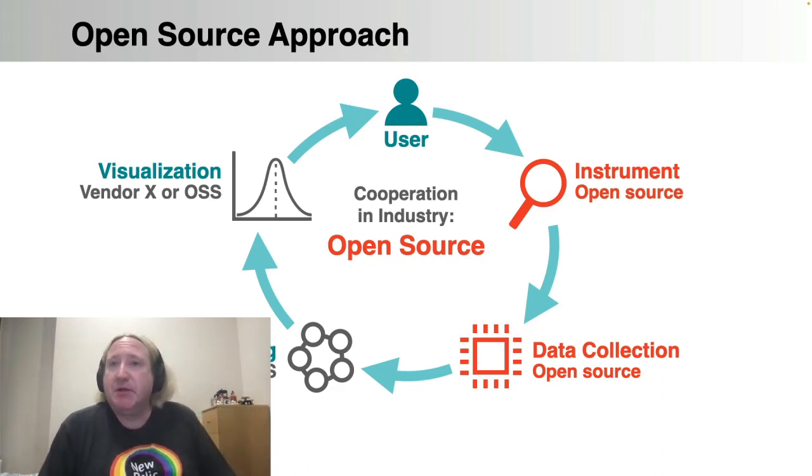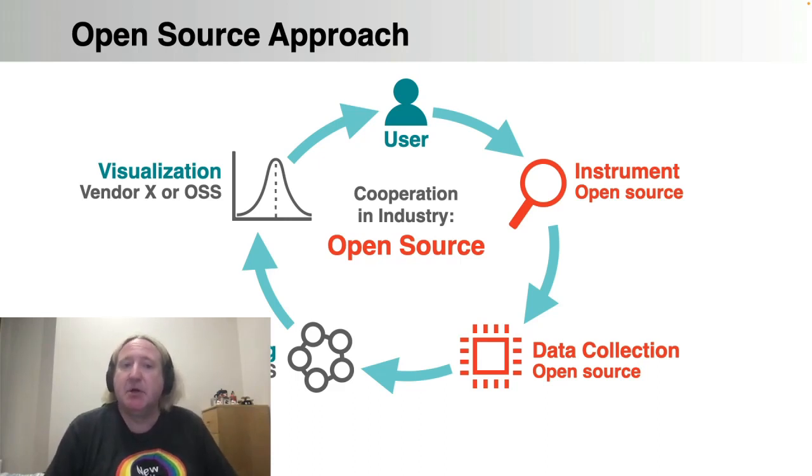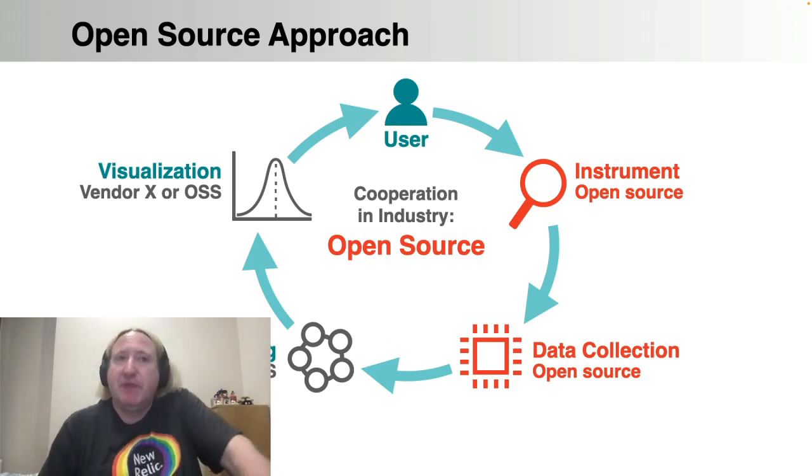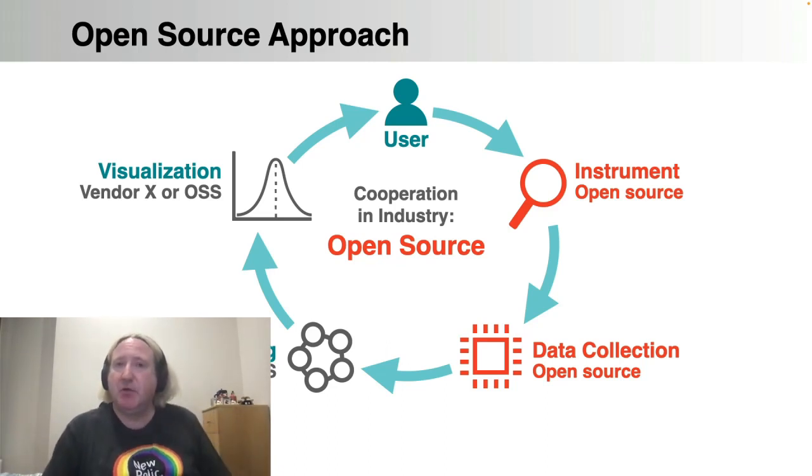From there, we'll send the data over the wire into a separate system, which is marked here as data collection. This component too is likely to be open source, at least for the receiving part. Then we also require some sort of data processing. So the first 2 steps are now very heavily dominated by open source components. For data processing, that process is still ongoing.